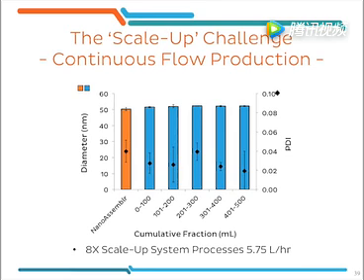We just made the exact same thing, just in a larger volume, in a system that had 8 microfluidic parallel chips. And if we look at the diameter and the polydispersity index here on the left, the quality of the particles doesn't change. So this means that we can seamlessly scale up from the prototype stage to a large-scale volume and save a lot of time and energy in this process.